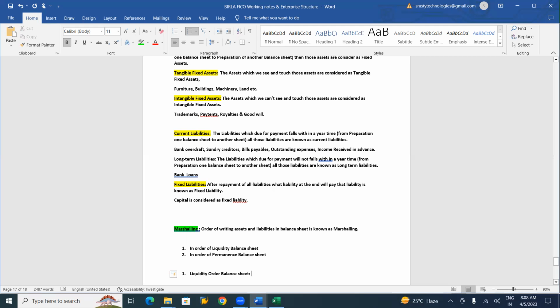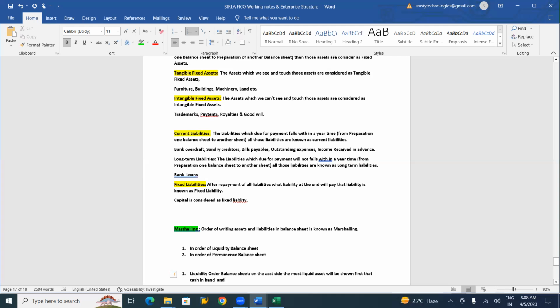On the asset side, the most liquid asset will be shown first. That is cash in hand or cash.